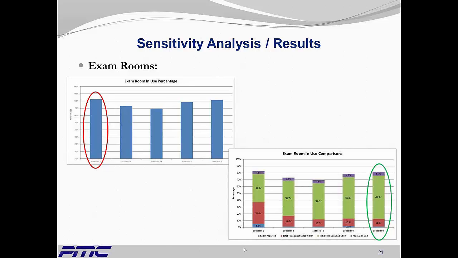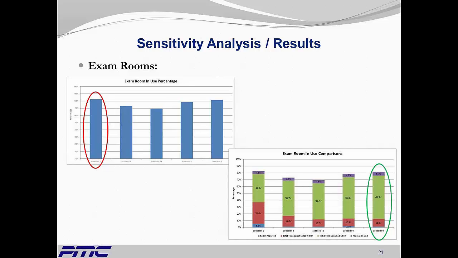The red one is total time spent without the doctor. So the nurse might take the patient into the room, but now after the initial charting is done, the patient needs to wait for the doctor to become available so that the exam can start.